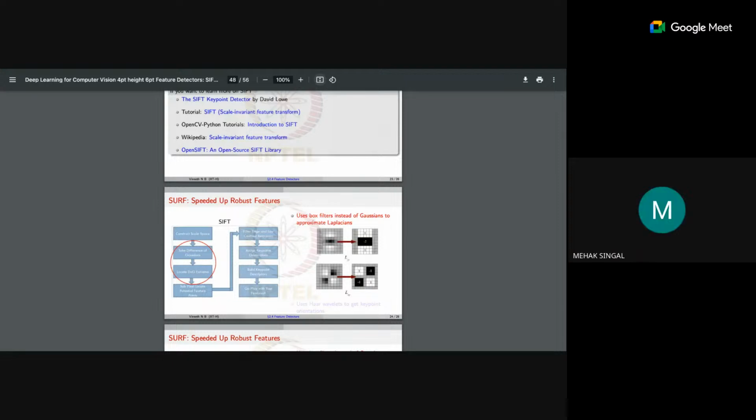Correct. So if you do A correlation B and B correlation A, do you think it will be associative? No. Will those two be equal? No. So basically, it's like convolution, but the kernel is flipped from both sides.